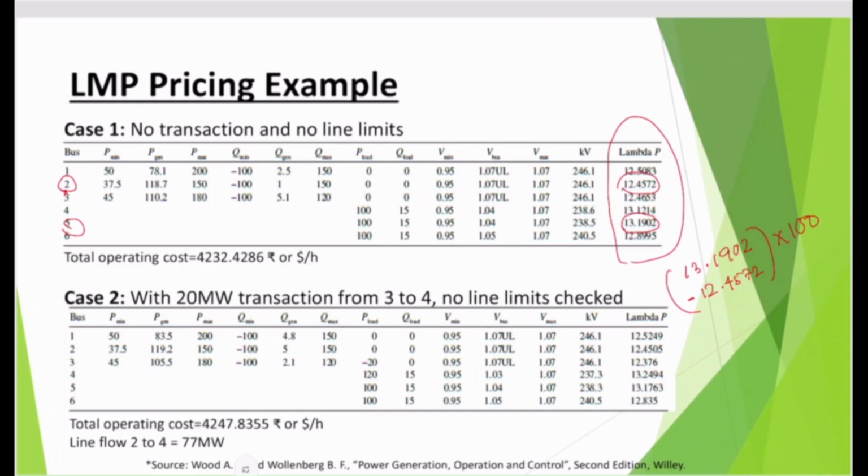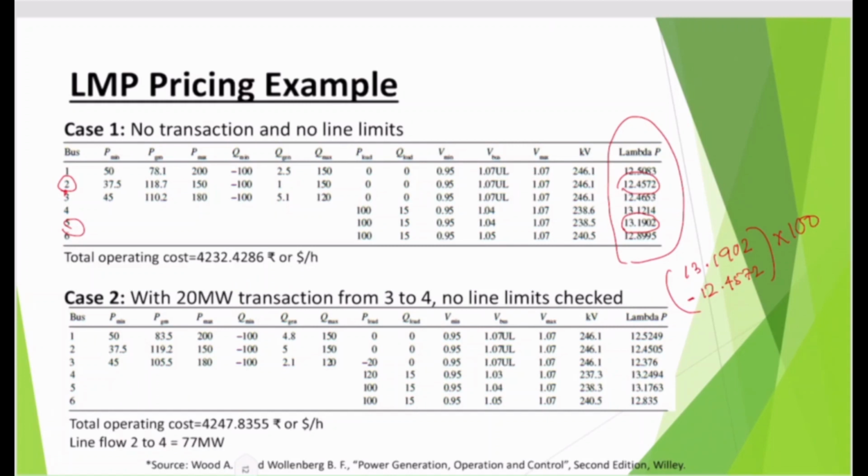So this is the fundamental, okay. Now move to a real example with a 20 megawatt transaction between bus number 3 and 4. You know the cost at bus number 3, you know the cost at bus number 4, you can get the difference and multiply by 20 to give you the transaction cost.